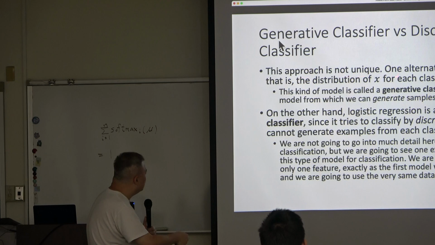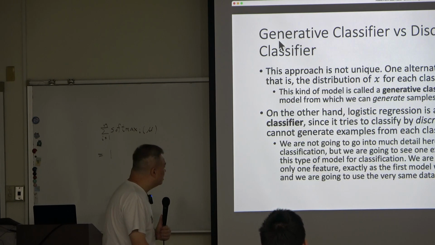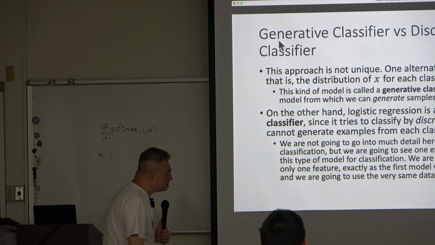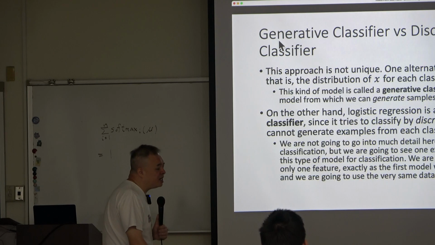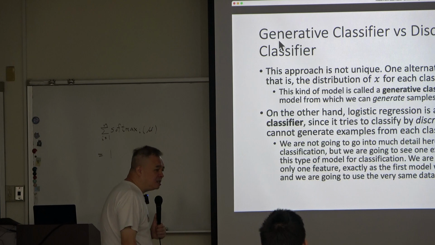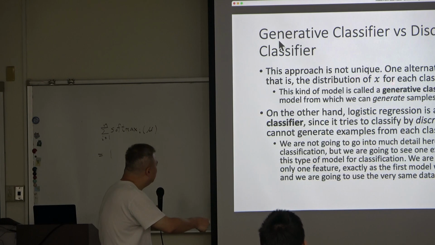This kind of model is called a generative classifier. I know recently generative models are popular in AI. For example, ChatGPT is one of the most well-known generative models. In Bayesian data analysis, we also have this type of generative classifier.